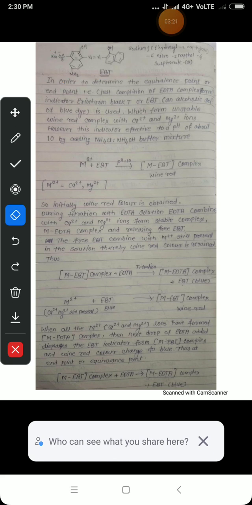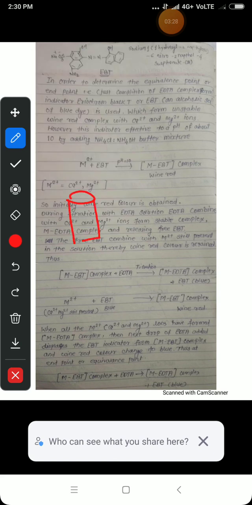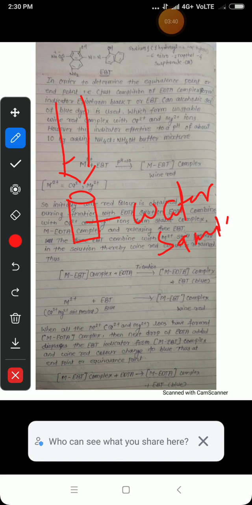Now how is the reaction? Initially we have to take a water sample in a conical flask like this. Suppose this is a conical flask, and you have to take a water sample. Suppose this is a burette. We have to add the EBT in the solution.